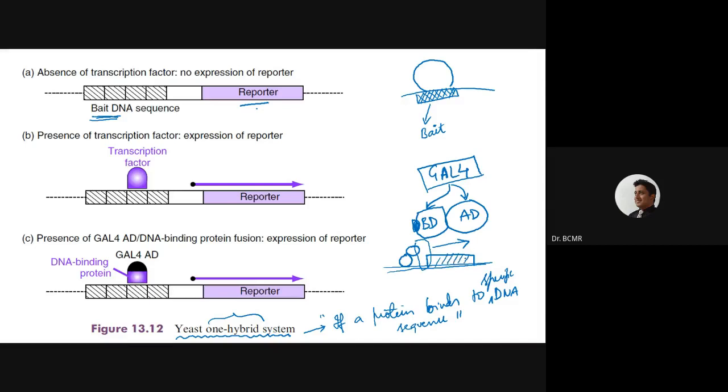Gal4 is the transcription factor. So this is the binding domain with which it interacts with the DNA, and this is the activation domain with which it activates RNA polymerase to initiate transcription. I hope that is clear, right?